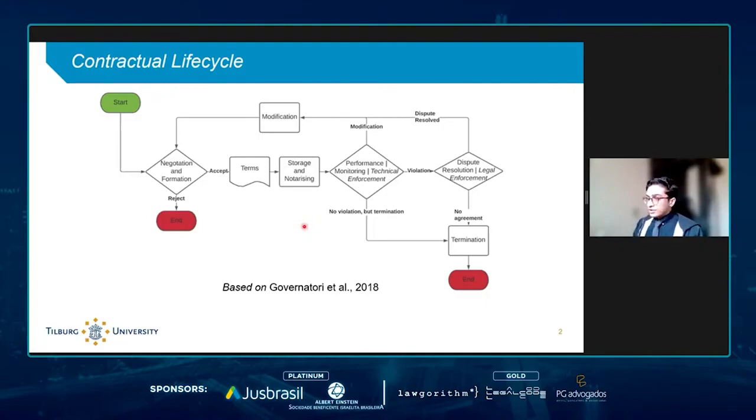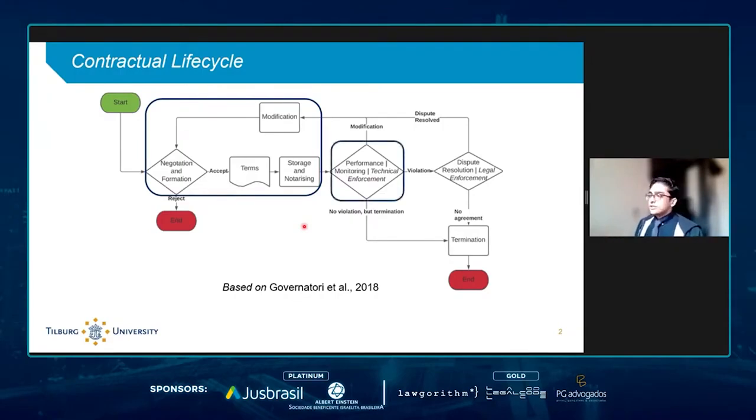We draw this flowchart on the basis of Governatore et al.'s paper, depicting the various stages that users go through in interacting with the terms and conditions, with the contract. And then we further categorize this into 3 phases. The first one is the negotiation and formation phase, where the users are interacting with the service provider and setting the terms of the interaction. This is also where the modification stage would come in, and this is where the storage and notarizing, if necessary, of a contract should happen.